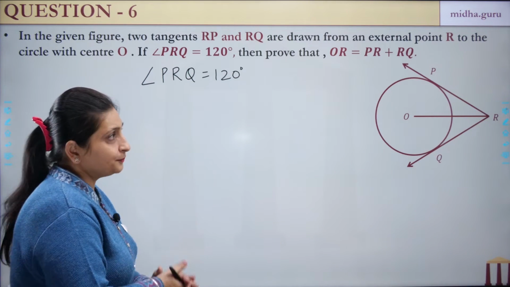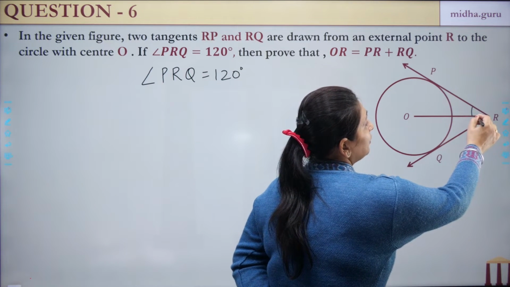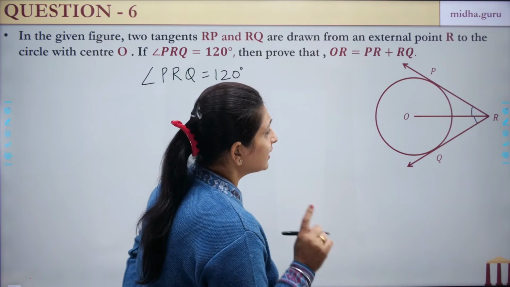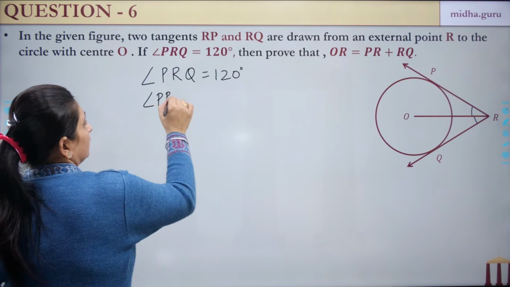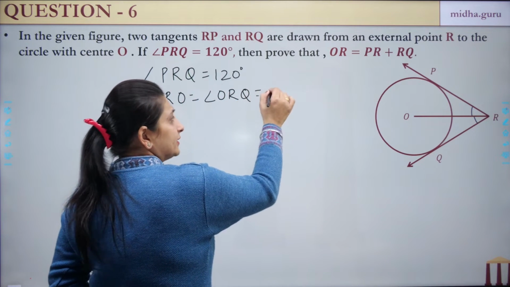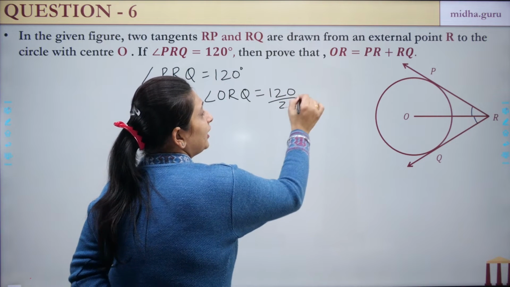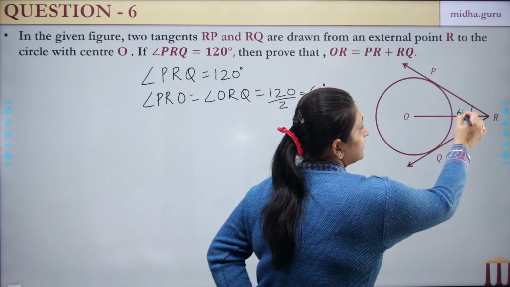So we know that this angle is equal to this angle from the theorem. That means angle PRO is equal to ORQ, which will be half of 120 degree, which is 60 degree. So this angle we got as 60 degree.